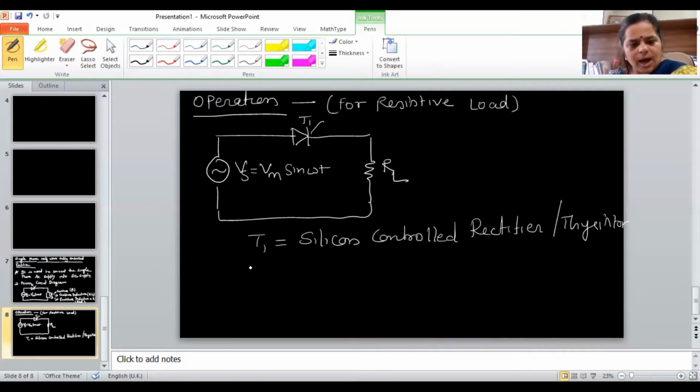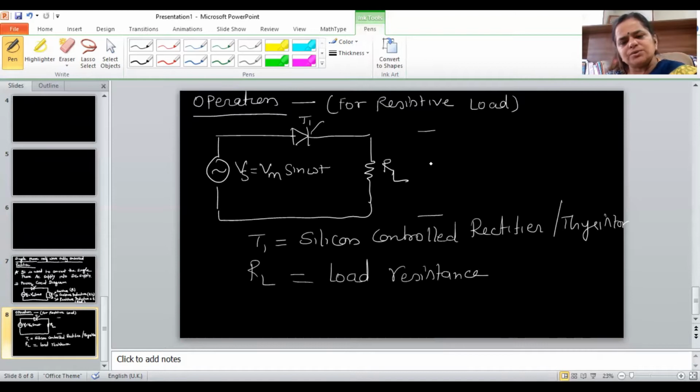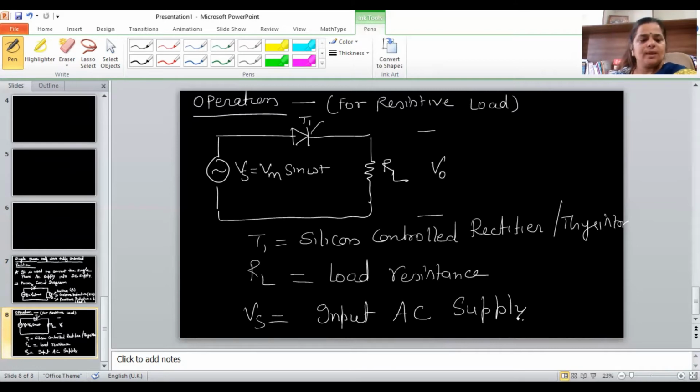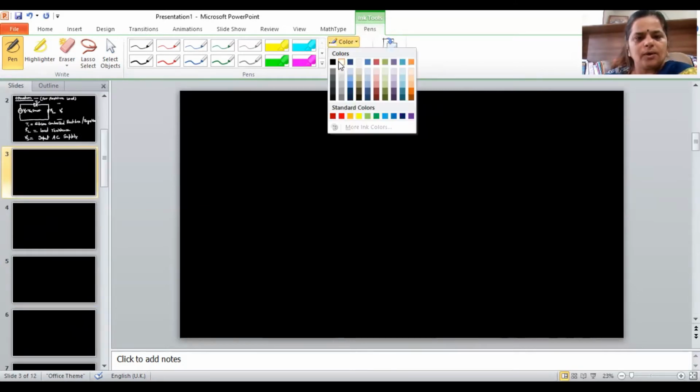Okay, RL is the load resistance across which we are going to see the output voltage, and Vs is the input AC supply. Okay, now let us focus on operation.